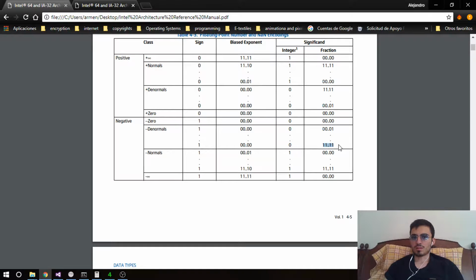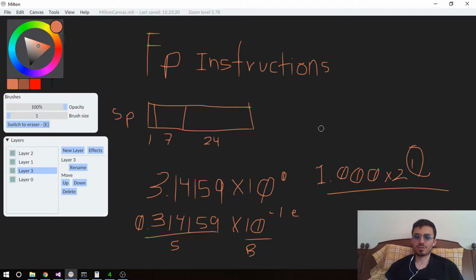So I don't know if it works as two's complement, which I don't think so, because this is not the biggest one. Yeah, they don't work as two's complement. They work more like this kind of sign bit design that we were talking about before, you know.